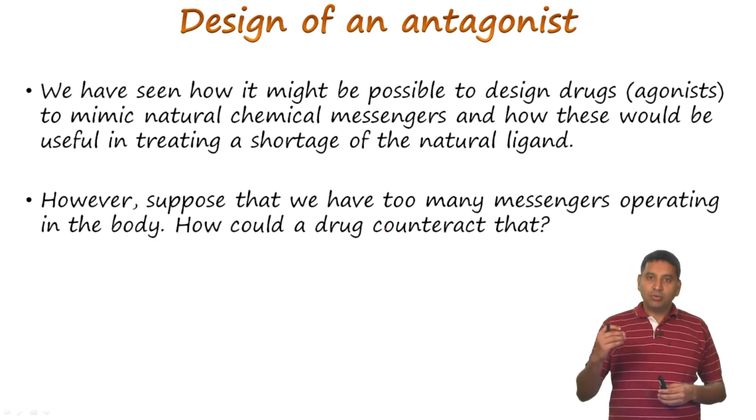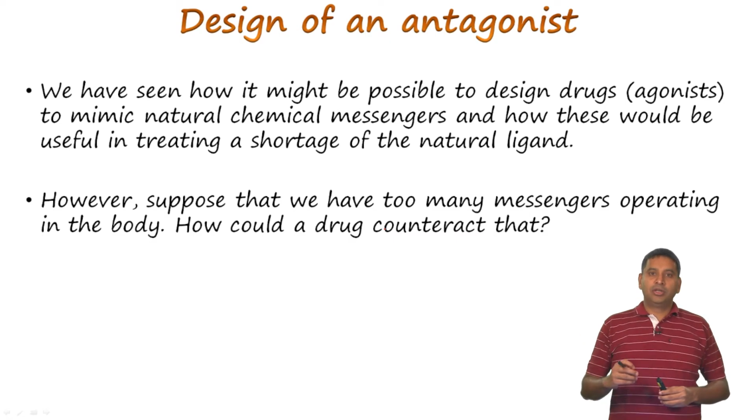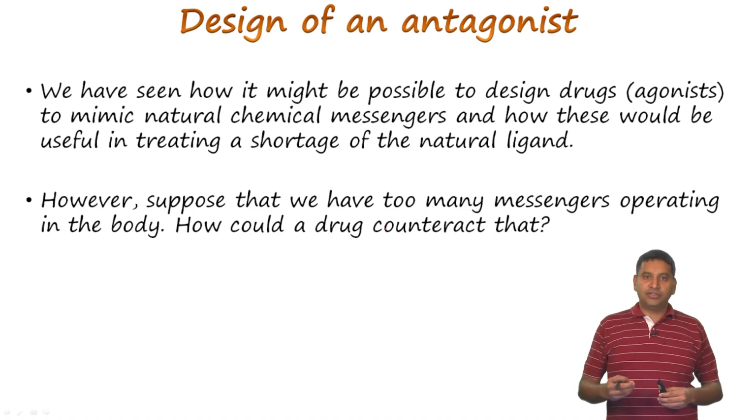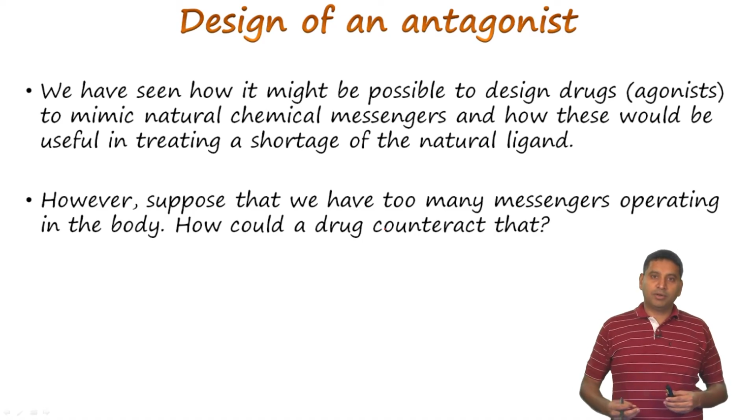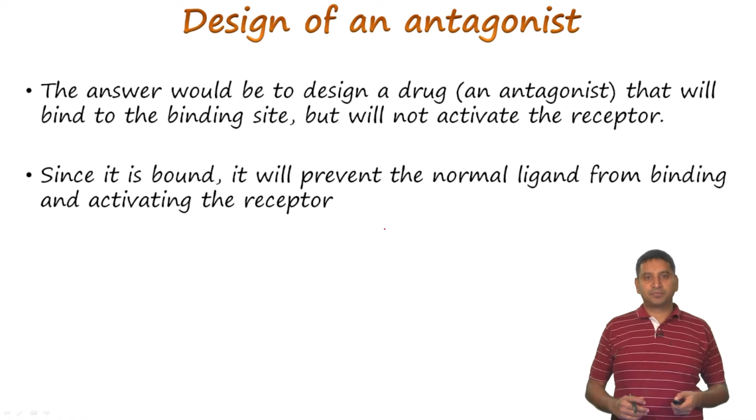Now, what we need to do is figure out how to address a problem where there are too many messenger molecules acting on a particular receptor. What happens in this process is that you would have hyperactivation or large scale activation of the receptor, which leads to unwanted excess signaling.